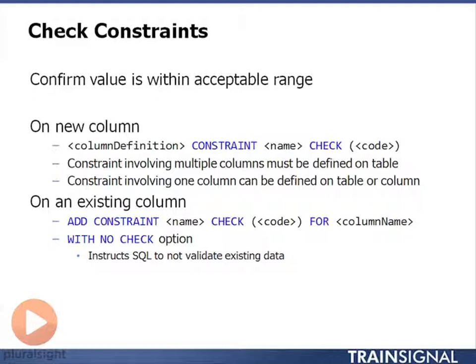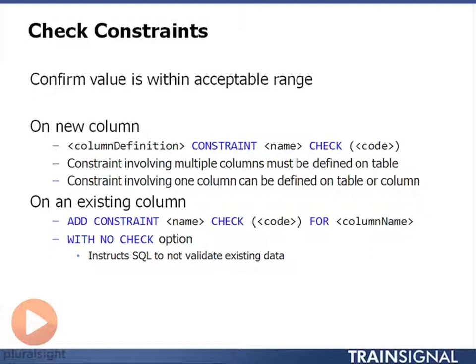You may decide, maybe because you know that the data is valid, or because you're looking to grandfather in the existing values, to not look at the existing data to see whether or not it meets the check constraint. The way you do this is by specifying the with no check option.